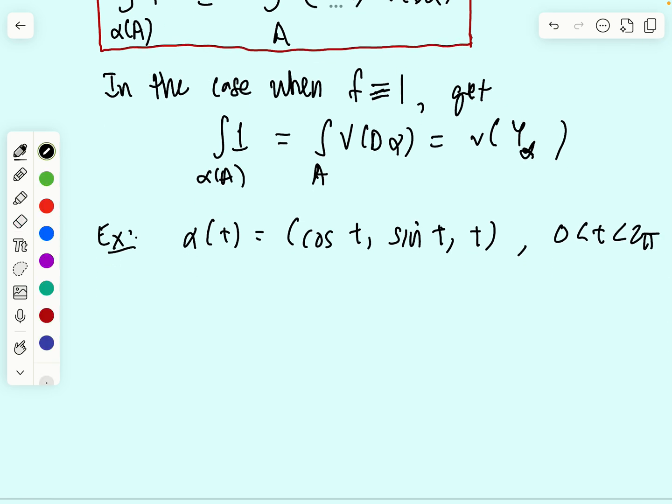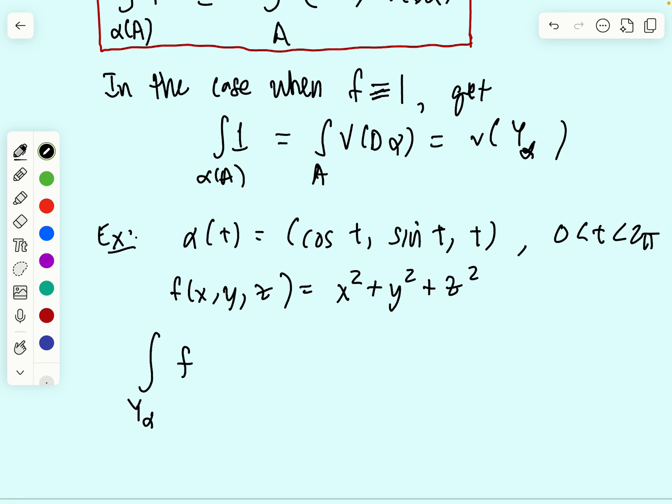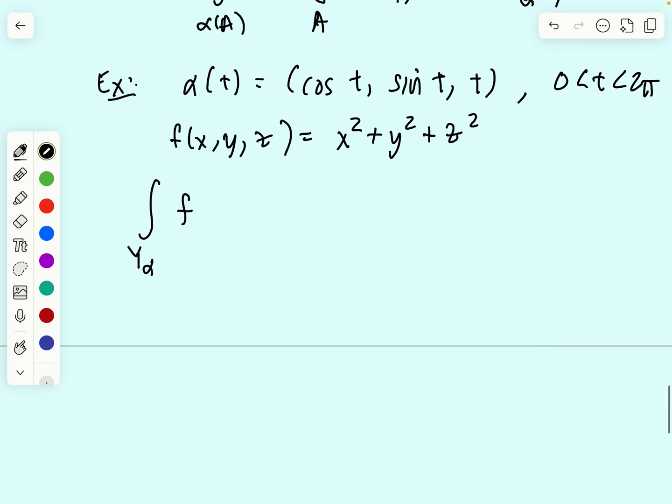And you have the function f of x, y, z equals x squared plus y squared plus z squared. And the question is to integrate the function f over the manifold y sub alpha. Okay?